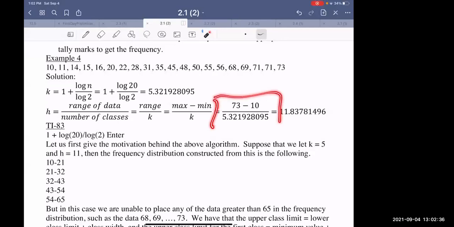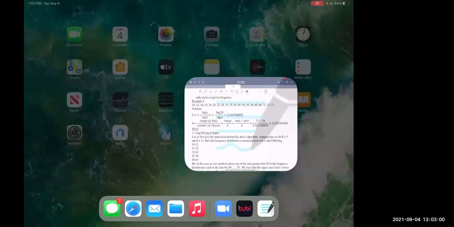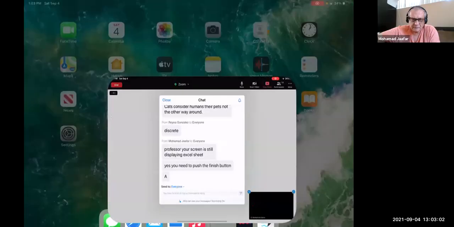So do that on your calculator and see what you get. Hopefully you get 11. Let me wait a second. Okay, everyone got it?